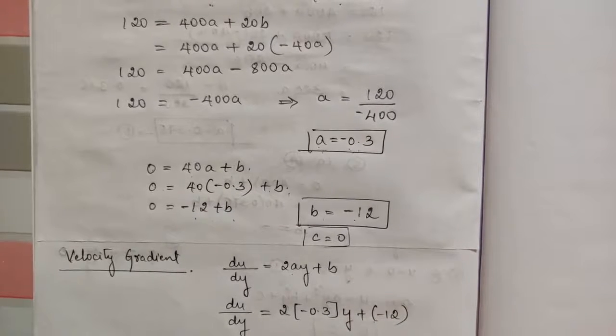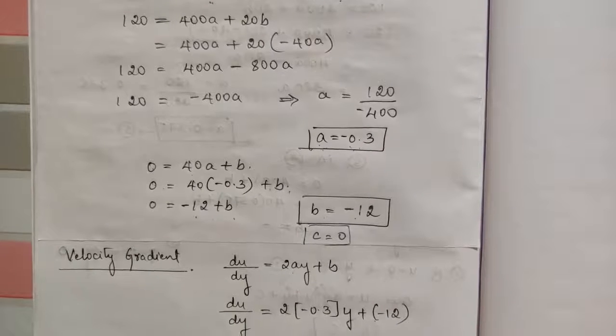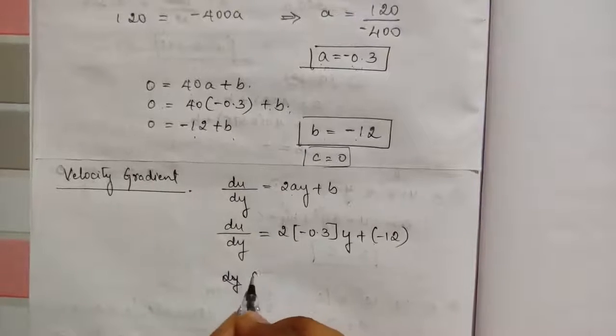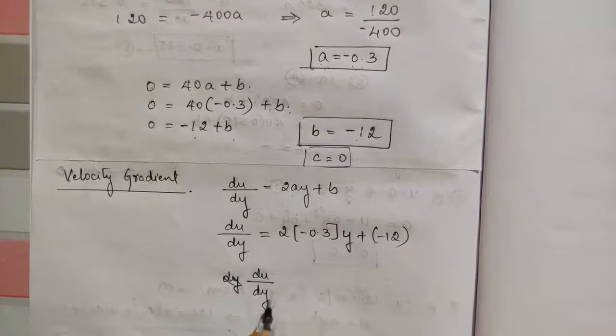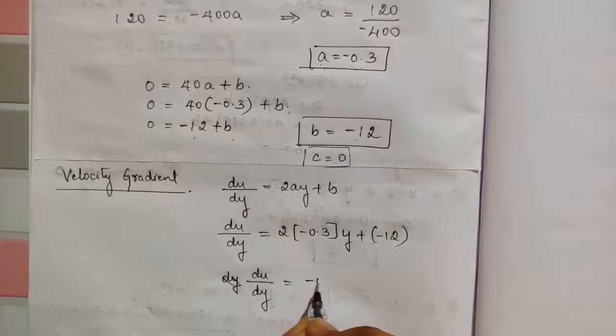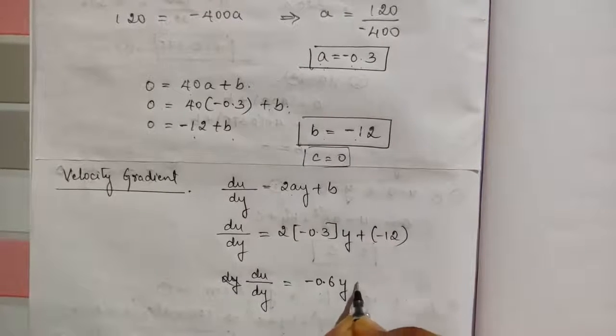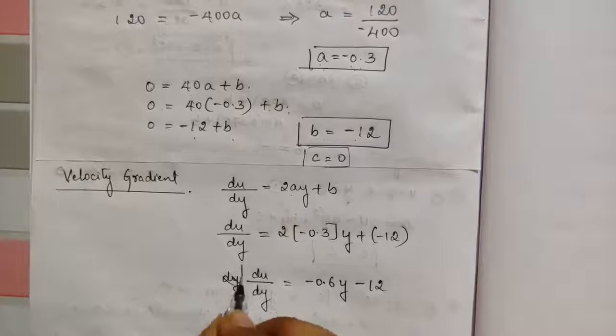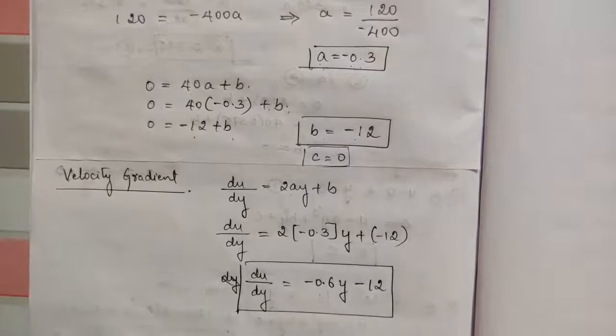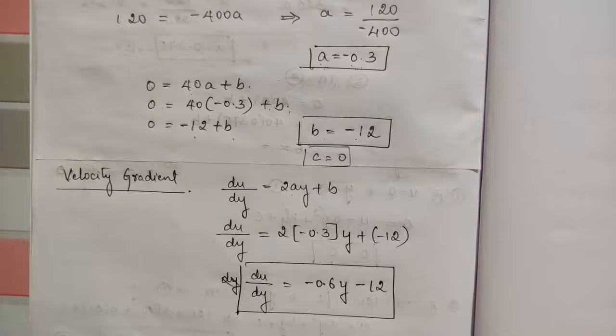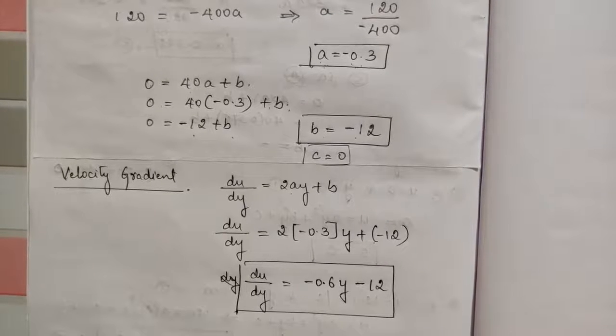So du by dy is equal to minus 0.6y minus 12. So this is the simplified equation according to the values we got.